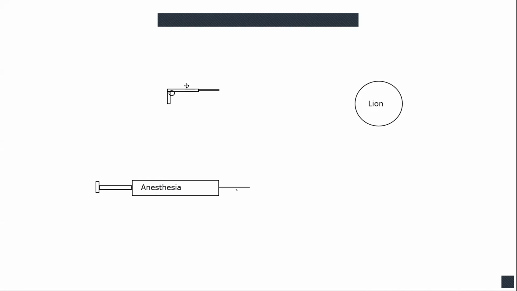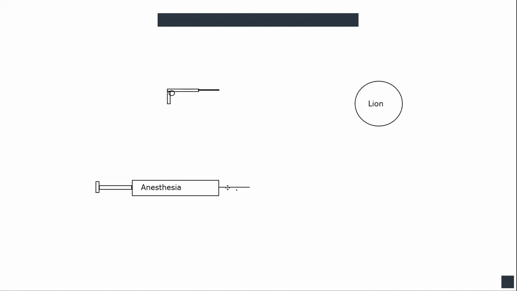When he shoots this syringe into the lion, this needle is responsible for penetrating into the lion, into the muzzle of the lion, and this anesthesia will act on the lion, and it will fall asleep or lay unconscious.